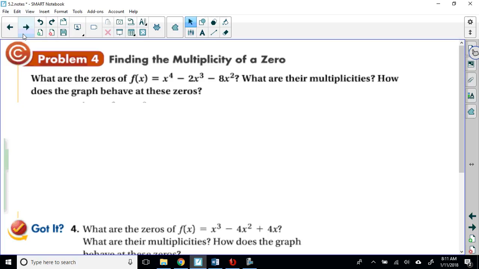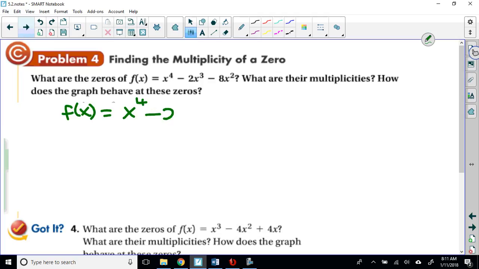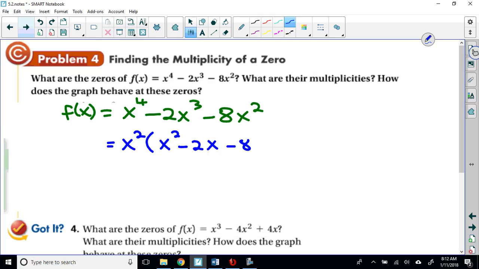What are the zeros of this function, and how does the graph behave at these zeros? F of x is x to the 4th minus 2x cubed minus 8x squared. Can we factor anything out of this? X squared, good. So we can factor an x squared out, which leaves behind x squared minus 2x minus 8.